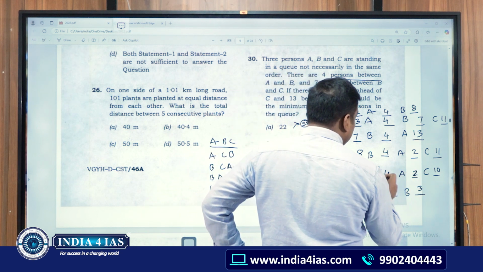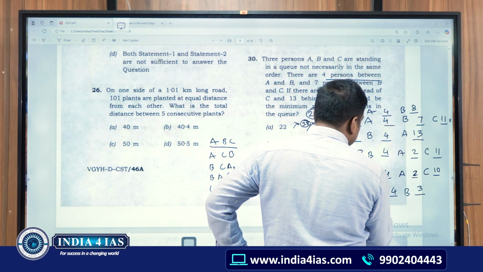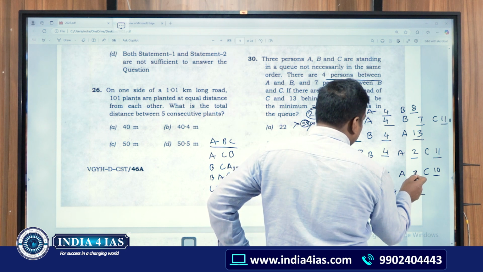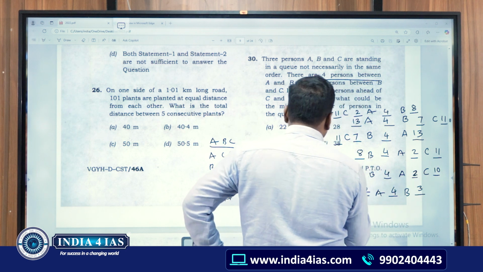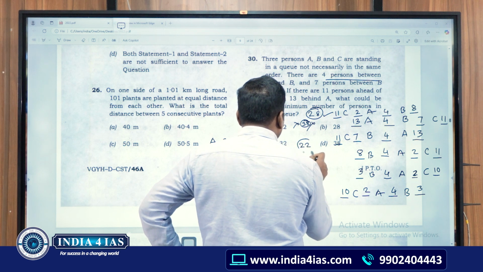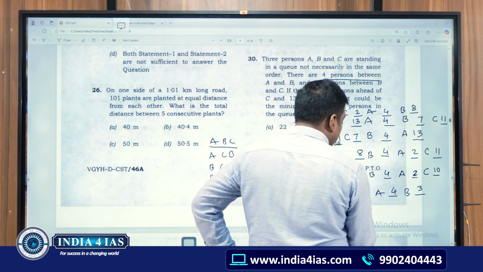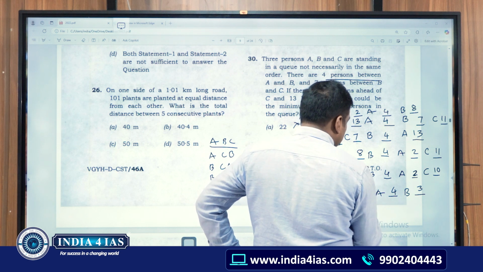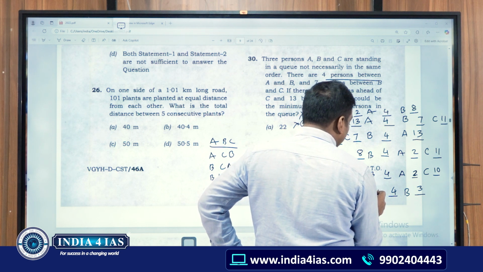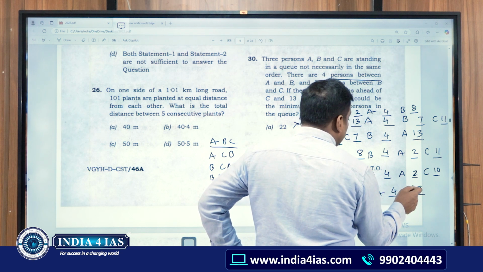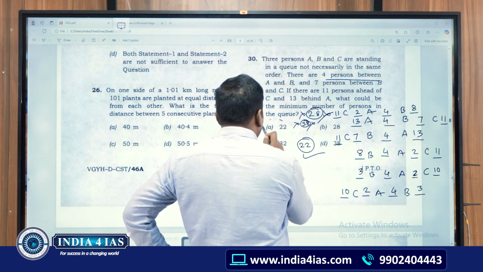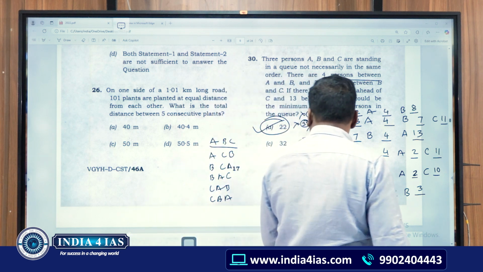Now ABC 3 persons plus 3, 6 plus 4, 10, 10 plus 2, 12, 12 plus 10, 22. Now the new smallest sum is 22. Similarly, ABC 3 persons, 3 plus 10, 13, 13 plus 2, 15, 15 plus 4, 19 plus 3, 22. So the minimum number of persons that we can have is 22.